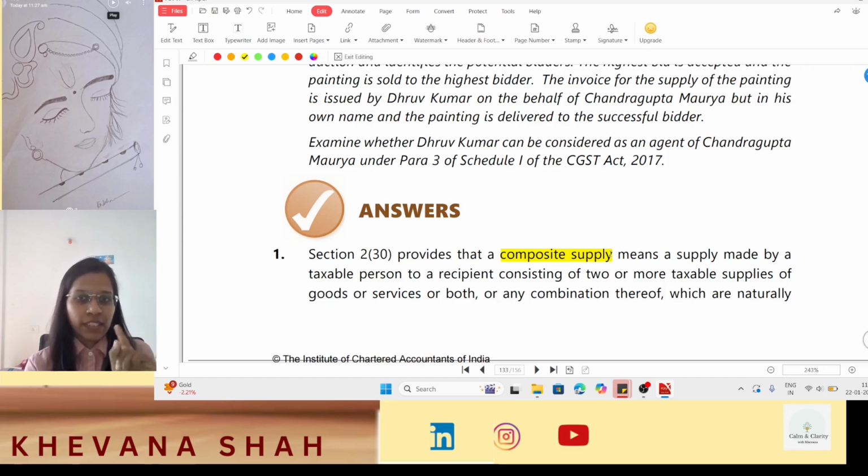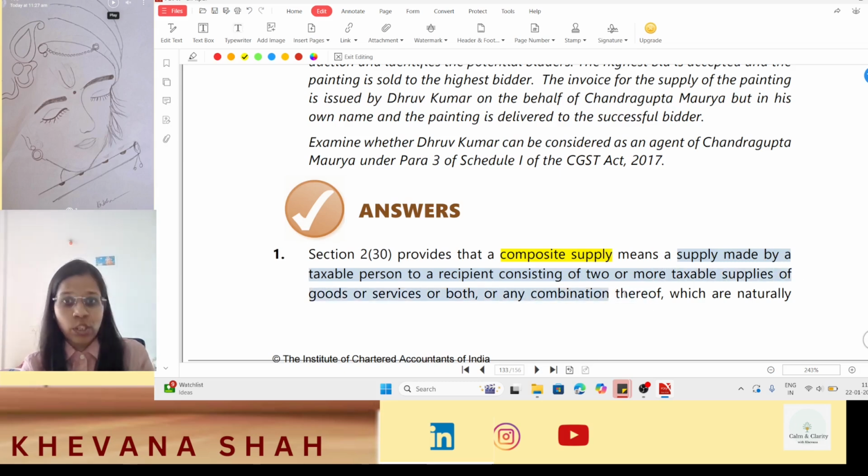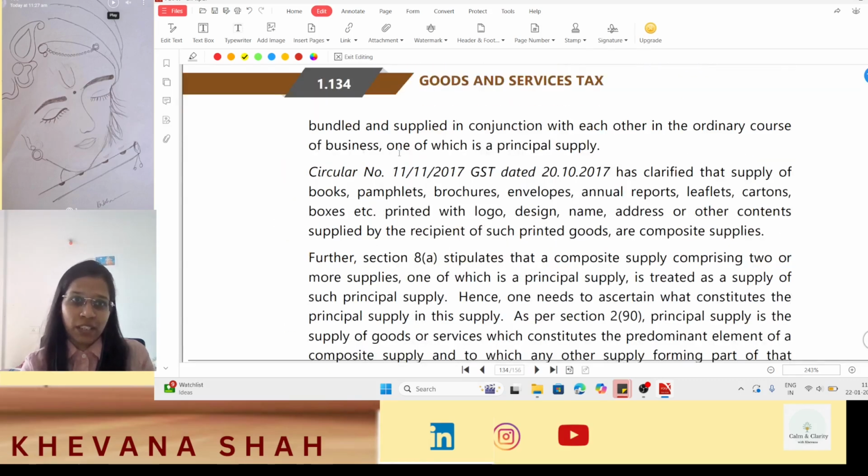So it is a case of composite supply, which means a supply made by a taxable person to a recipient consisting of two or more taxable supplies of goods or services or both, or any combination thereof, which are naturally bundled and supplied in conjunction with each other in the ordinary course of business, one of which is a principal supply. So which conditions do you have to check for composite supply?